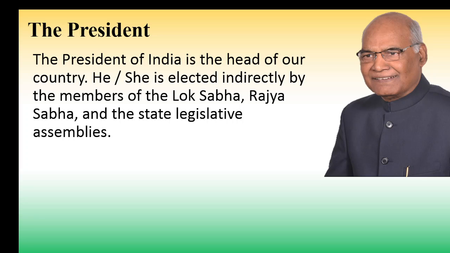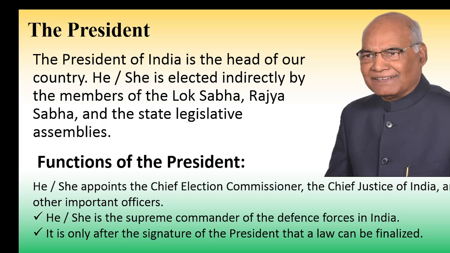His functions are: he is the chief commander of the defense forces in India, and he appoints the chief election commissioner, the chief justice of India, and other important officers. It is only after the signature of the President that a law can be finalized. If they make any law, it can be finalized only when the President signs it.